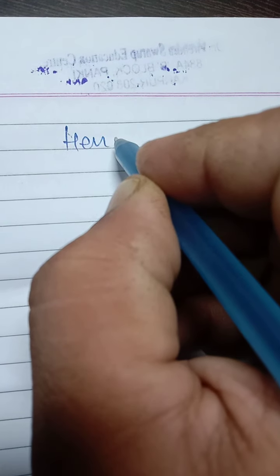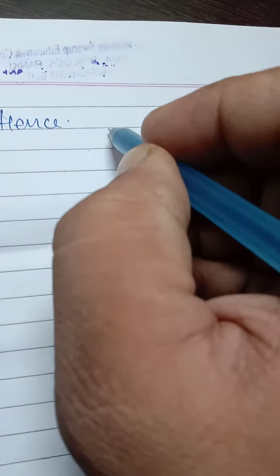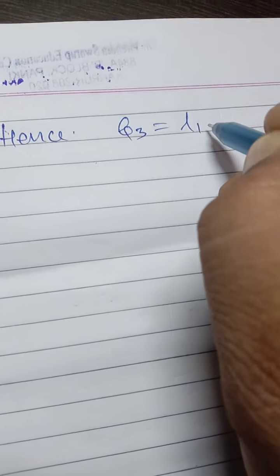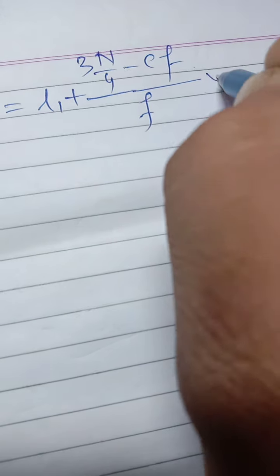Hence we will use the formula here. Formula is Q3 is equal to L1 plus 3N upon 4 minus CF upon F into I.